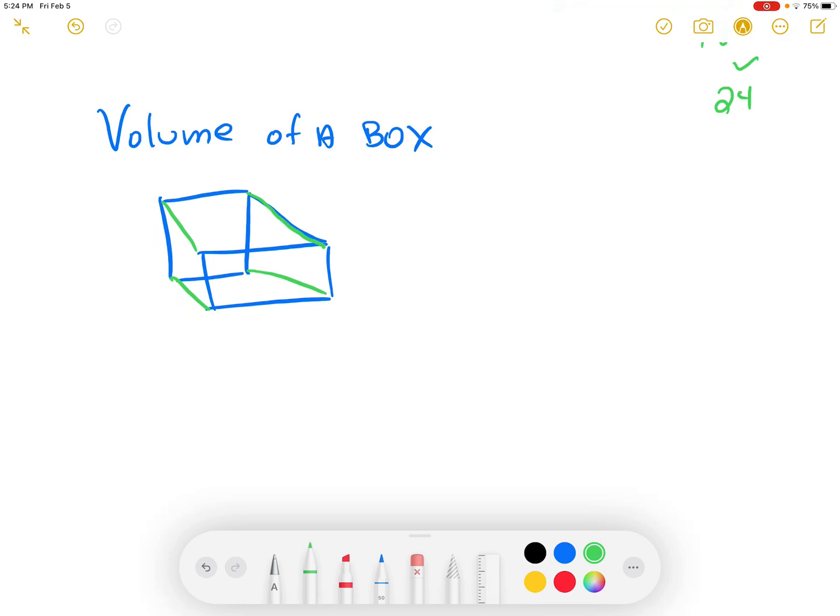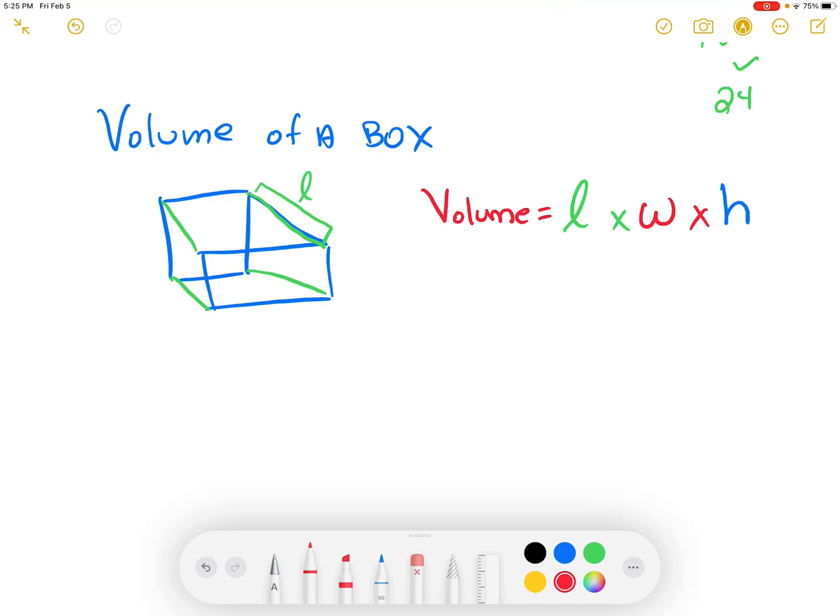There's our box. And we need to find out a couple things, right? The volume is equal to the length times the width times the height. And so we say length can be really any of these long sections.